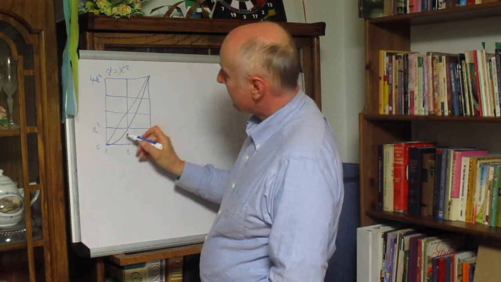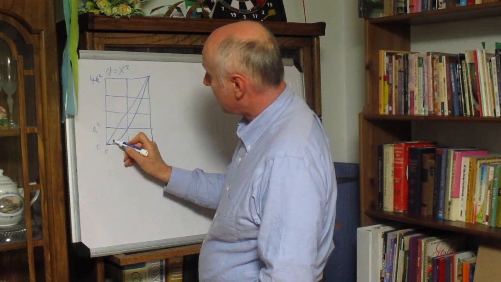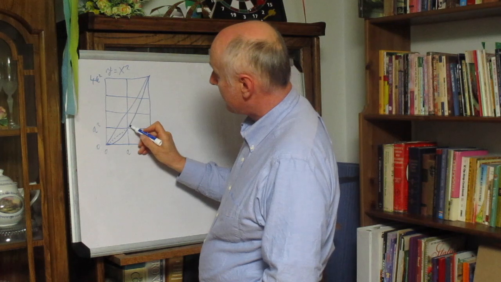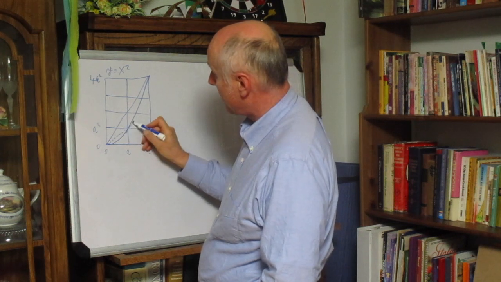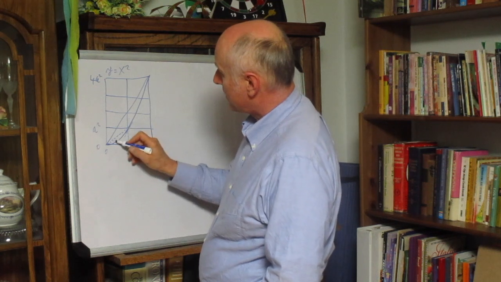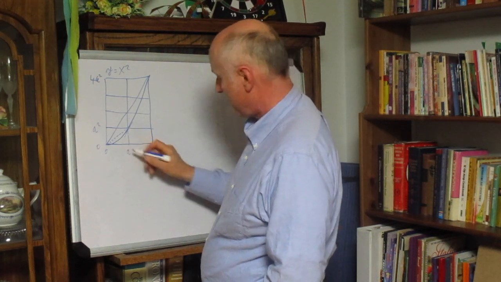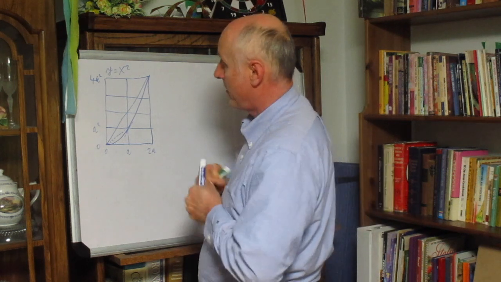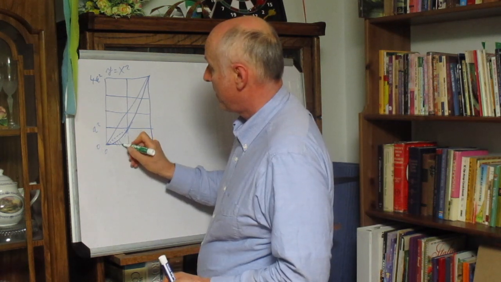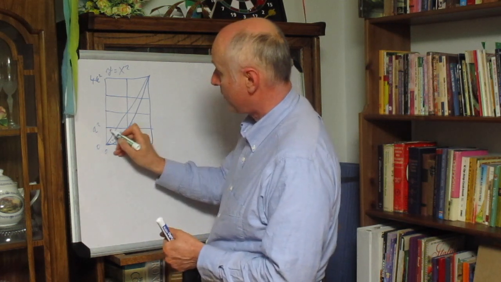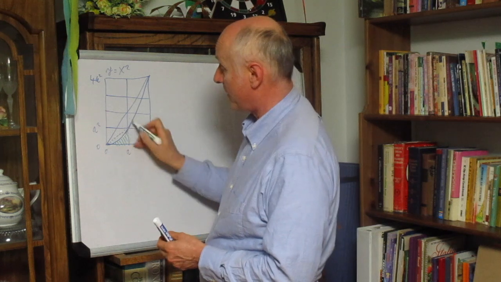Here's our little characteristic diagonal, and here's our tangent slope. And here's also the area of interest, this little wedge, and we compare that to the area of the box.